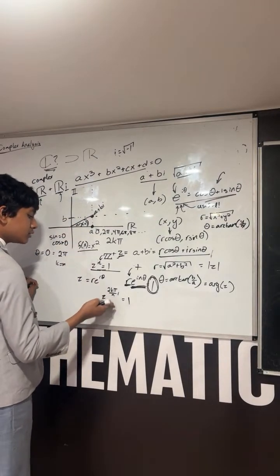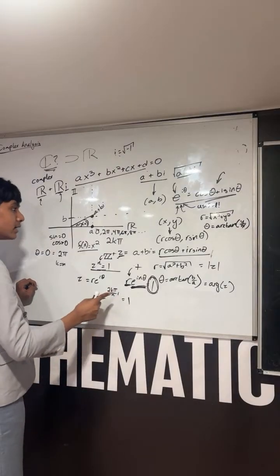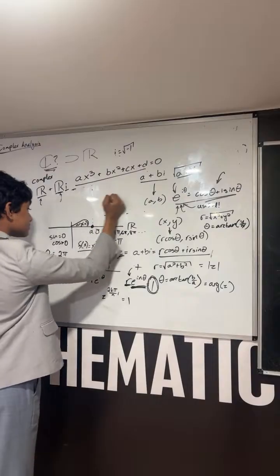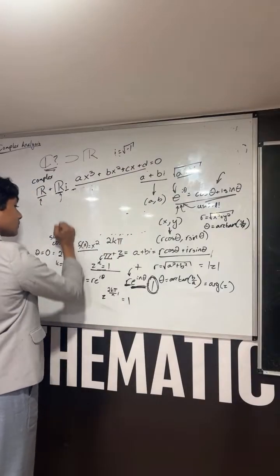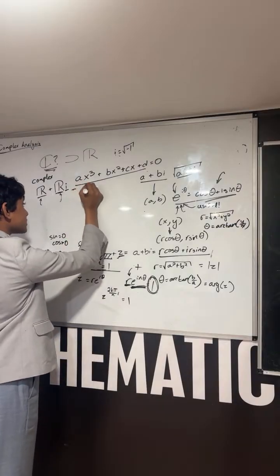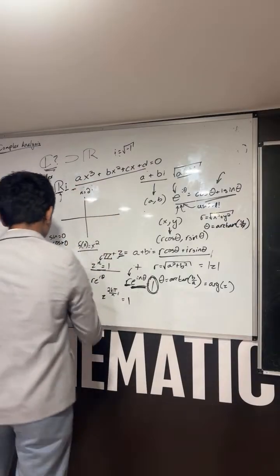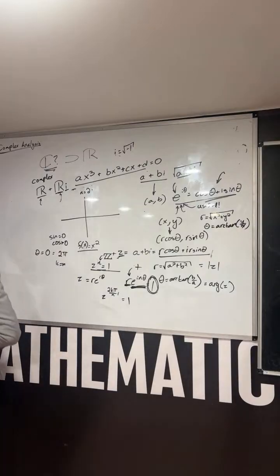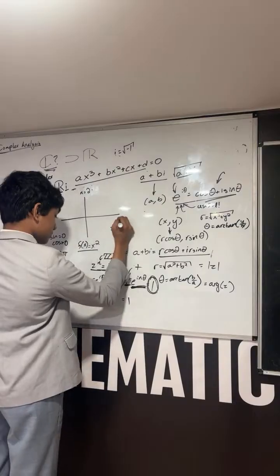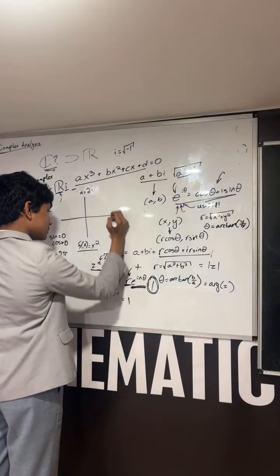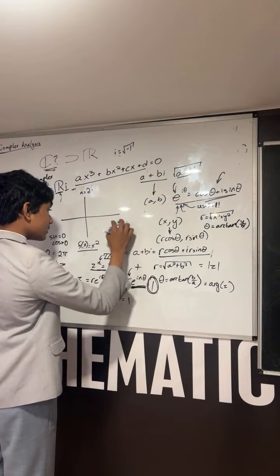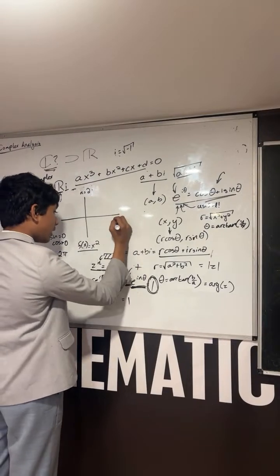Let's draw e to the 2k pi over n i for an example on the complex plane. So let's take n equals 2 first. e to the 2k pi over 2 i, which is just e to the k pi i.